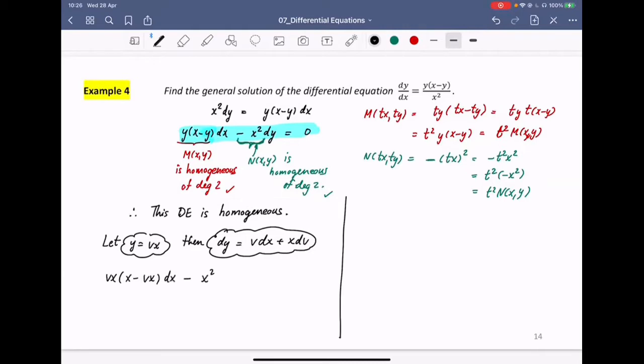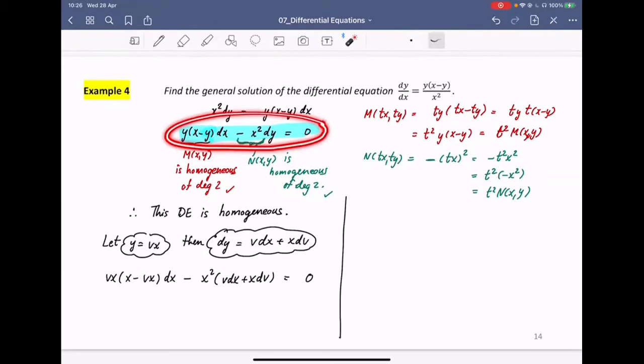What I just did is start from the equation that I circled, and replace y by vx. Every location where I have y, I replace it by vx, and v dx plus x dv comes from dy. And trust me, after you plug in like that, this is a separable equation. It's guaranteed.